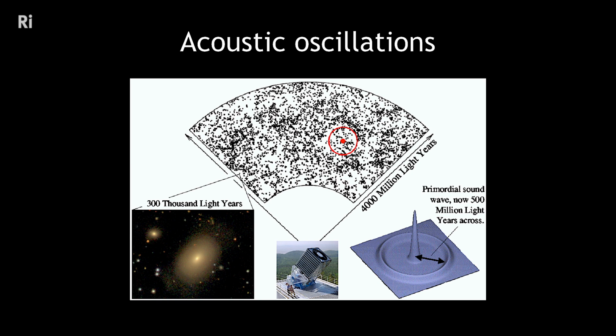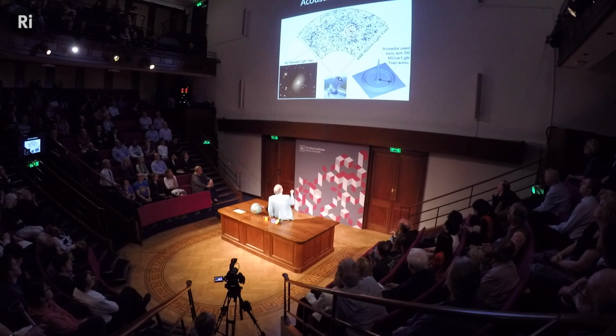So we can look. This is our telescope here for the Sloan Digital Sky Survey. Here's a picture of a typical galaxy that we're using here. So if you locate on a galaxy, you ask yourself the question, is there an extra little bump in the number of galaxies when you get to this special radius that you can calculate?